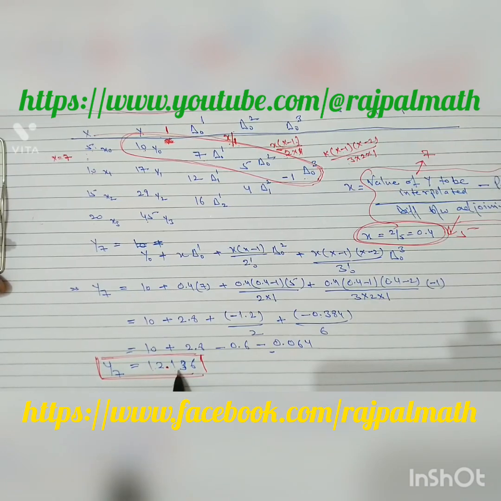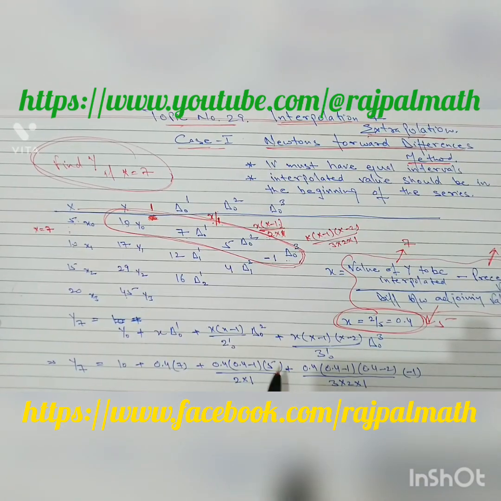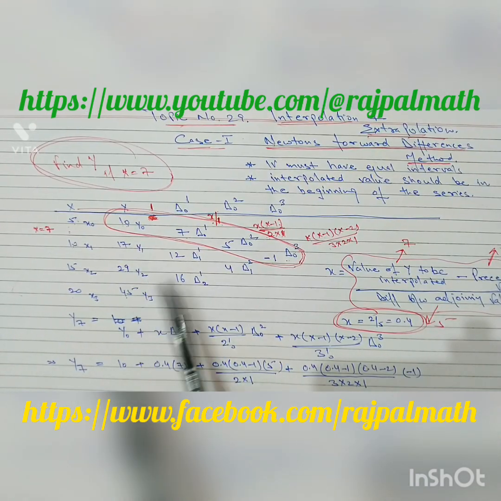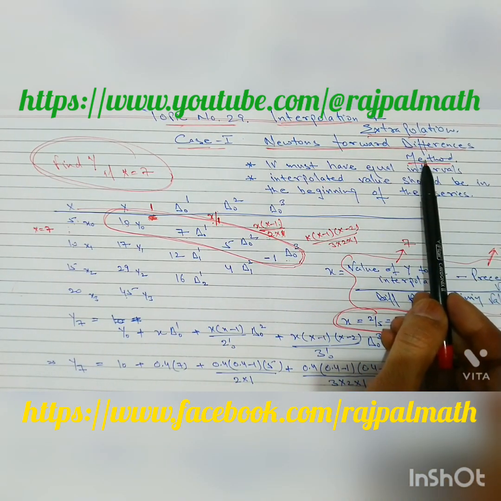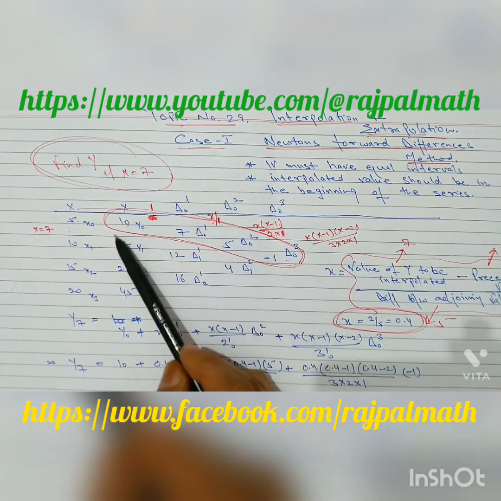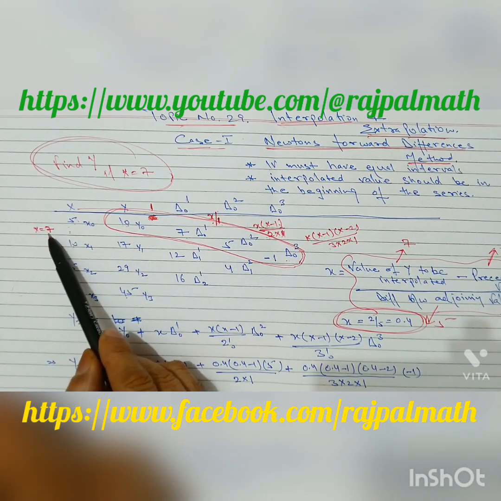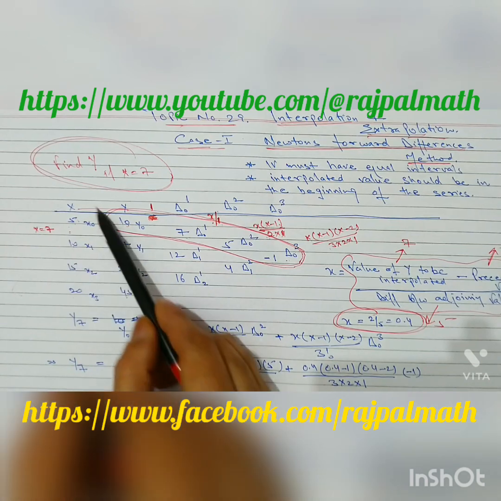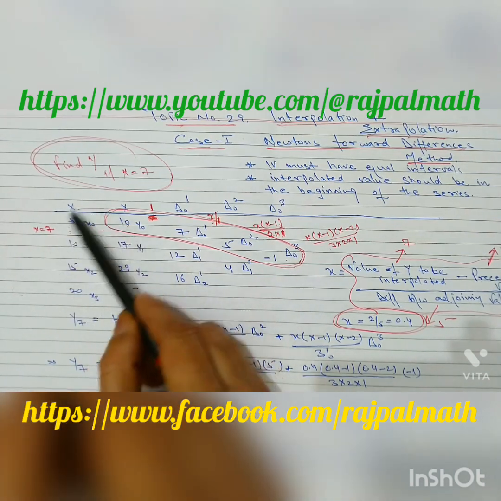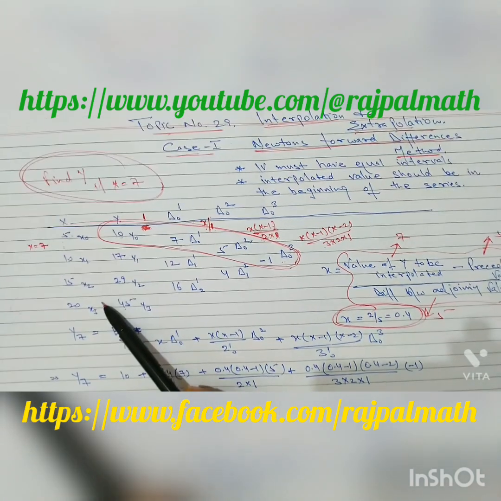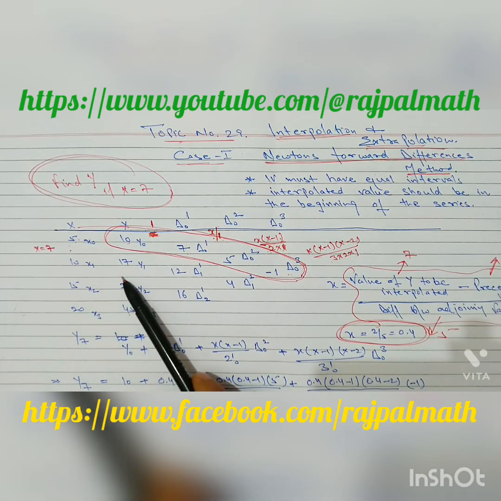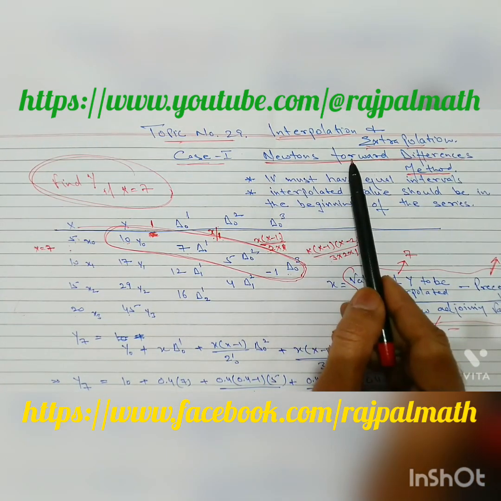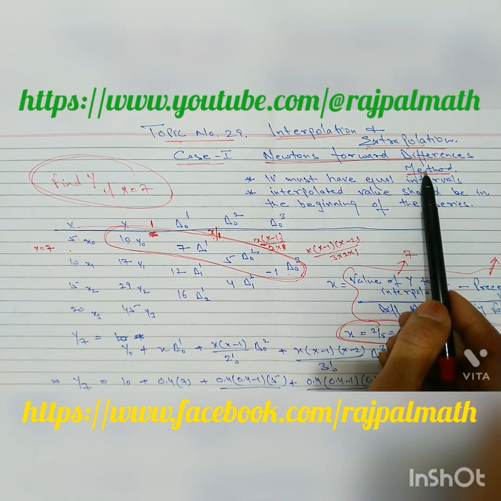The answer is 12.136, by using Newton's forward differences method. This is an interpolation formula because x equals 7 lies within the limits of the series. Therefore this formula can be used for interpolating values with Newton's forward differences method.